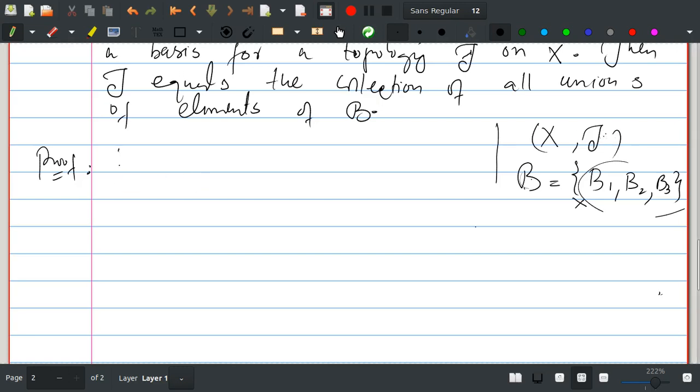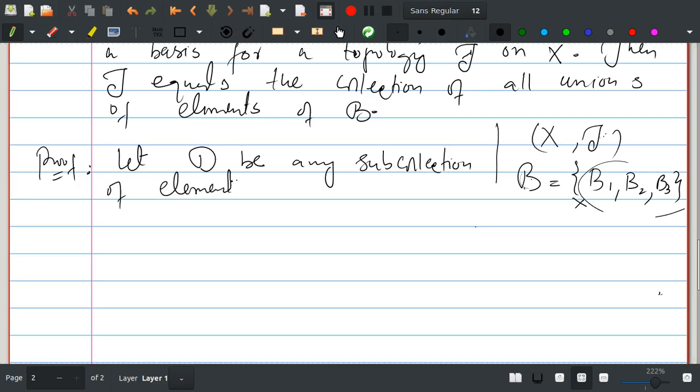So let D be any sub collection of elements of B. So this D consists the elements from B.